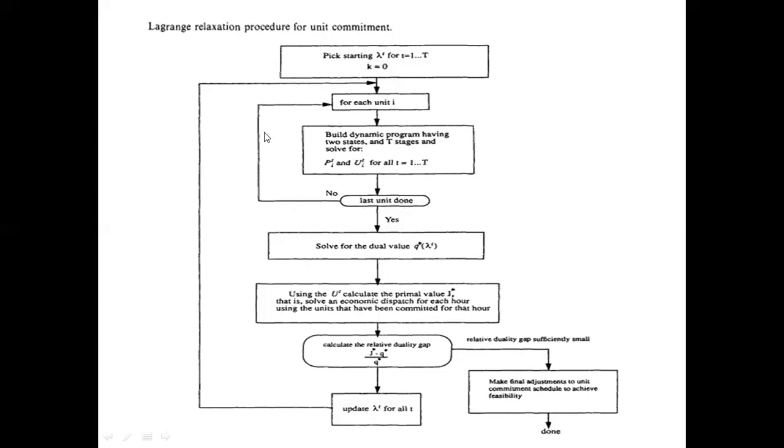If no, then go back to the step for each unit I. If yes, then solve the dual value Q star lambda t.